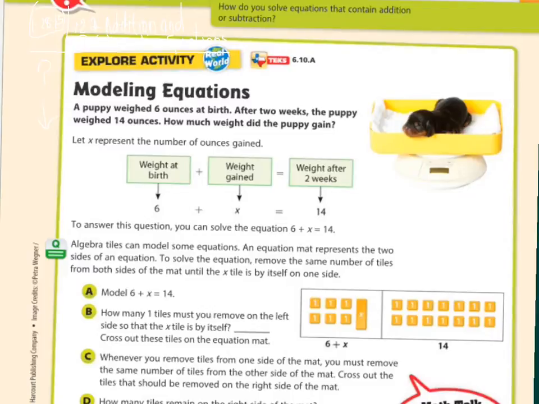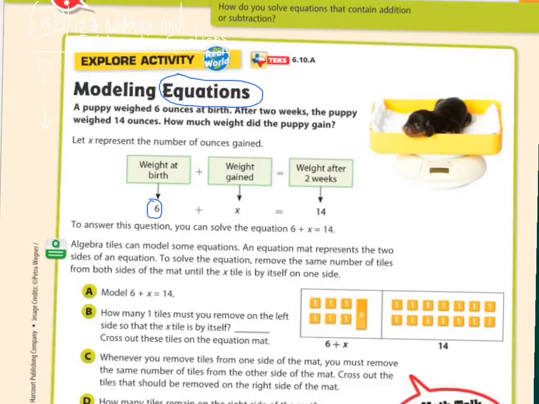When you write an equation, remember it's going to be, let me get a different color. It's going to be with an equal sign. Remember, we talked about equations having the word equal. So where did the puppy begin? He started out at 6 ounces, so that should be the first number.